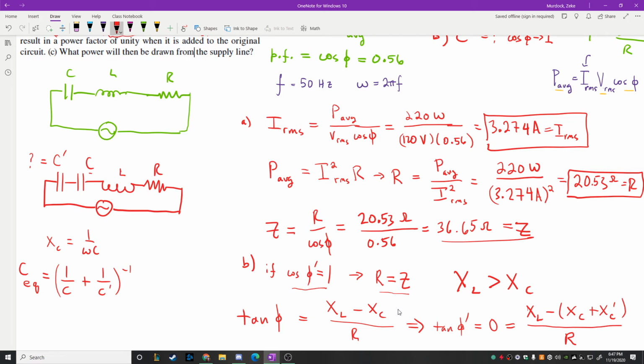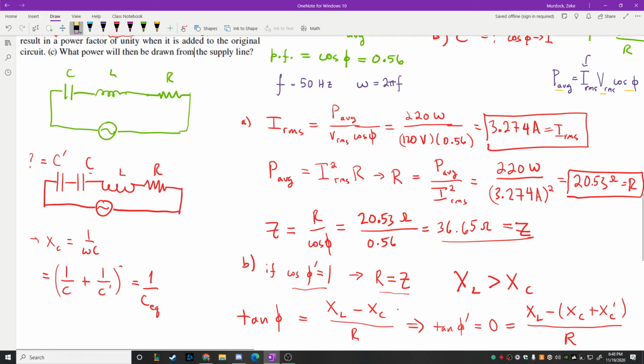Well, because of the way that XC is written here, it turns out that you could basically just add them, just like this, when we put it in series, because it's already inverses, right? To see that better, it might be easier to write this in the following sense. So this whole thing would be equal to 1 over the equivalent capacitance.